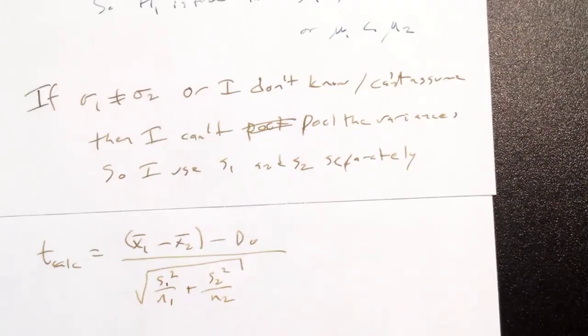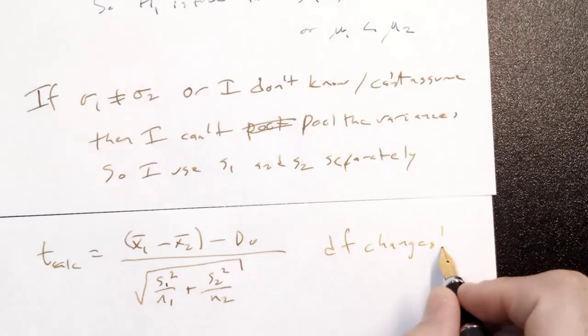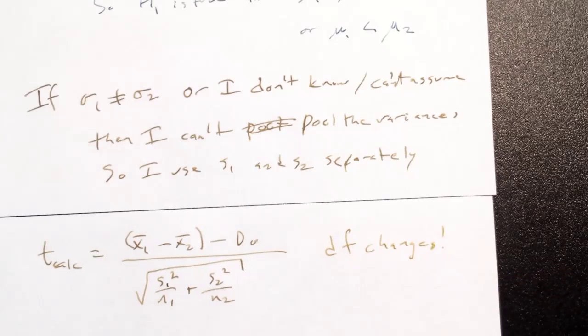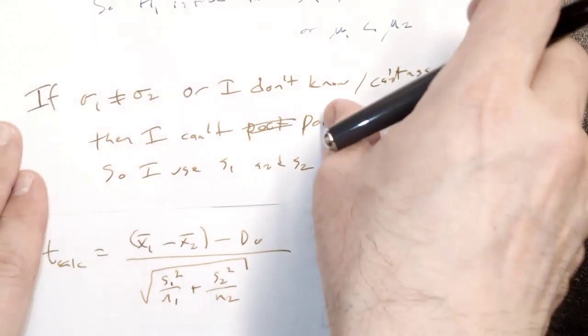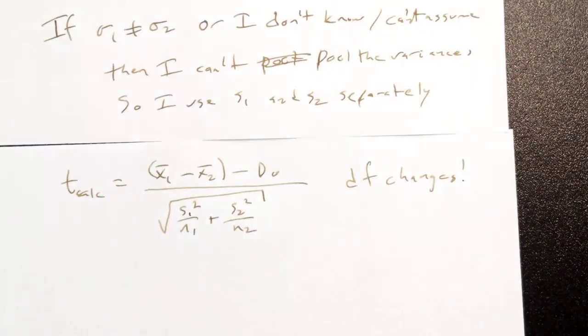But now, in order to deal with the fact that this is going to be a little bit more conservative, I need to change the degrees of freedom. This is due to two statisticians by the name of Behrens and Fisher, and a guy by the name of Welch who came along and said, here, this will make it better. So Welch says we change DF. The way we figure out the new DF is awful.